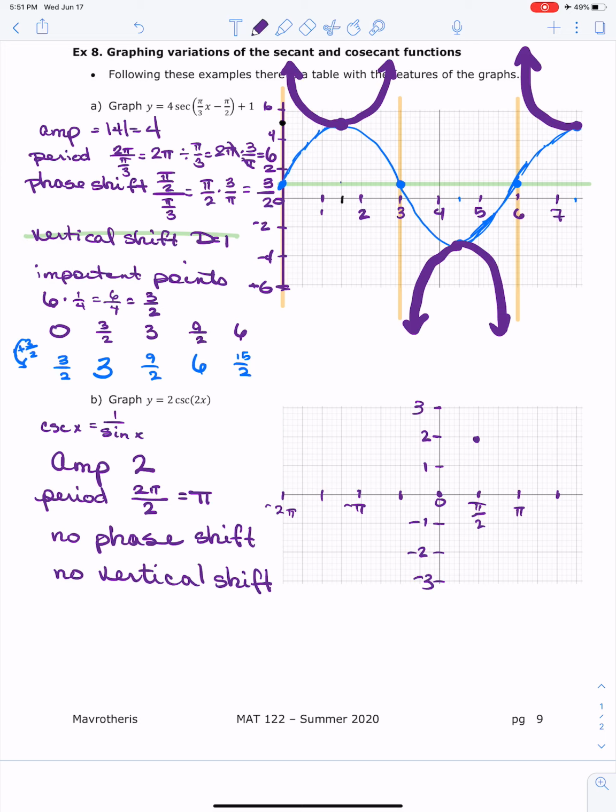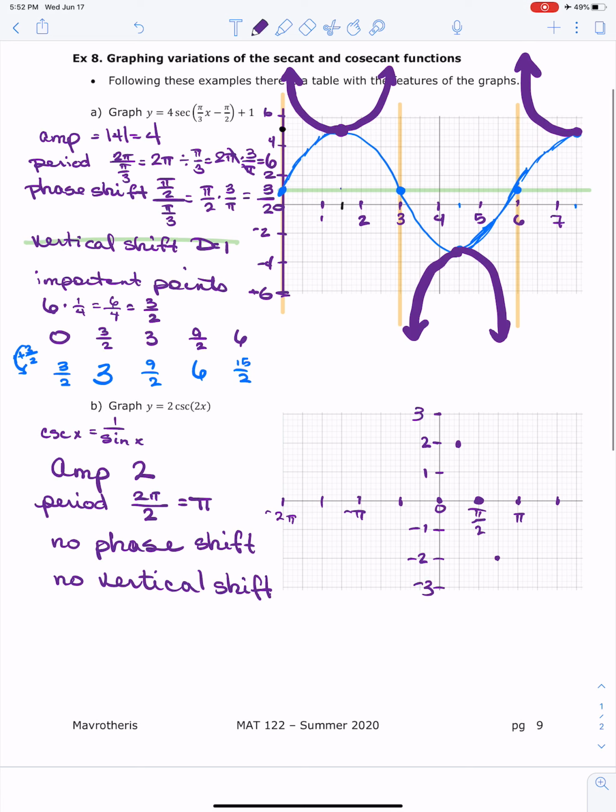Sorry, pi over 4 is my max because our period is pi. Cramming all these in here. So I know between 0 and 1 pi, I want the sine curve to happen one full time. So I know I got a 0 at pi over 2. That's my middle. I'm going to hit a max at pi over 4 and a minimum at 3 pi over 4. And then, we can take this on the other side as well.